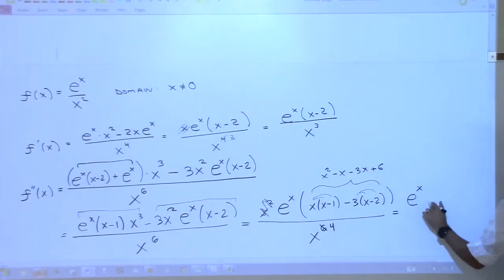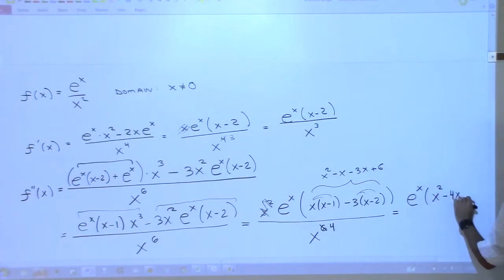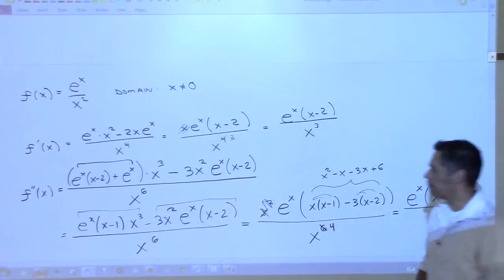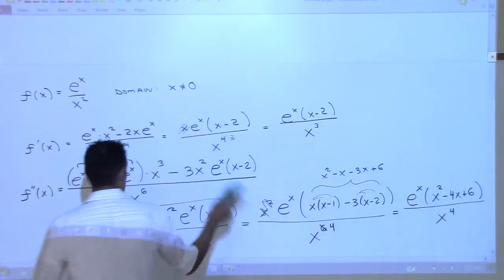So all that together is going to be x squared minus 4x plus 6. And that's all over x to the 4th. That is a pretty cleaned up second derivative now. Right? Okay. So we have our first and second derivatives. Any questions on the algebra here?